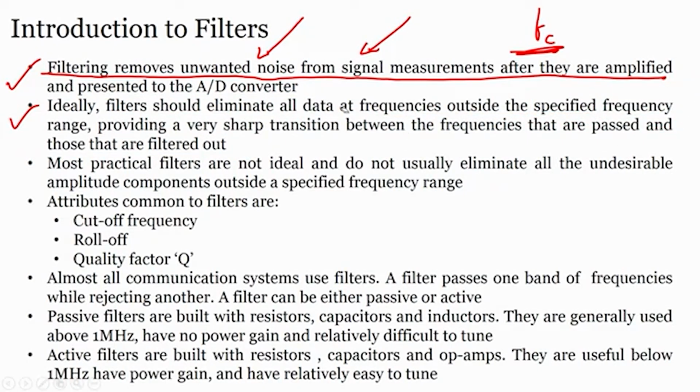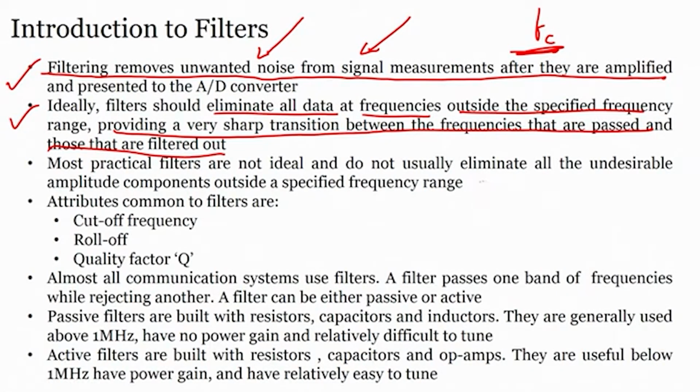So, the point is that filters are nothing but a circuit that helps to remove the unwanted noise from the signal. Second, ideally a filter should eliminate all the data at frequencies outside the specified frequency, providing a very sharp transition between the frequencies that are passed and those that are filtered out.